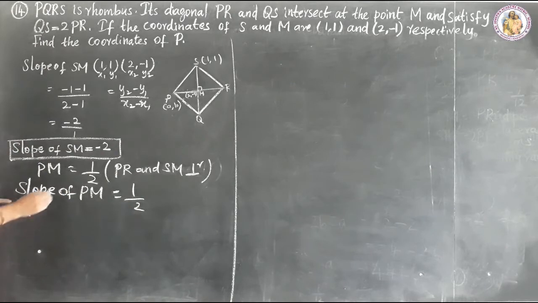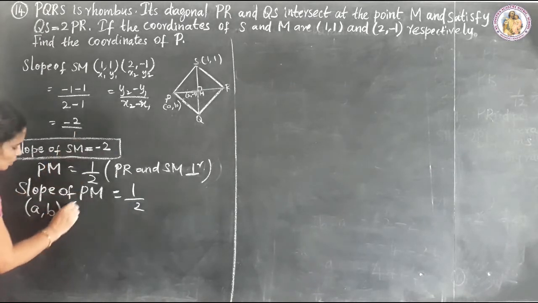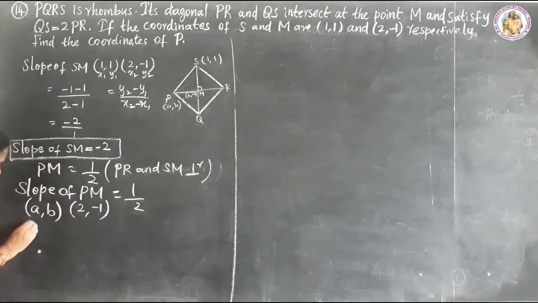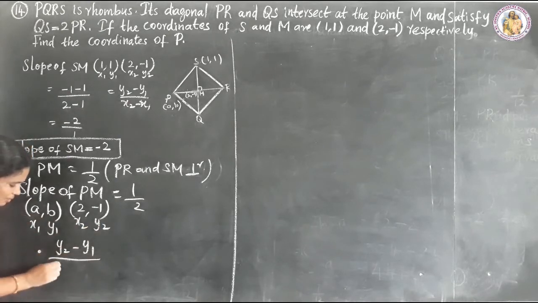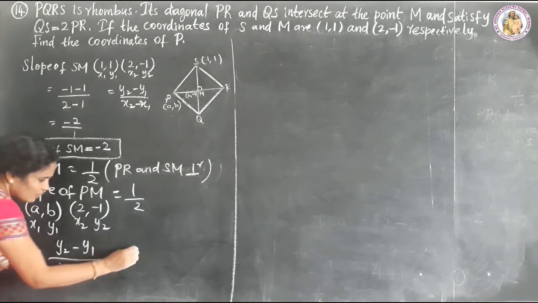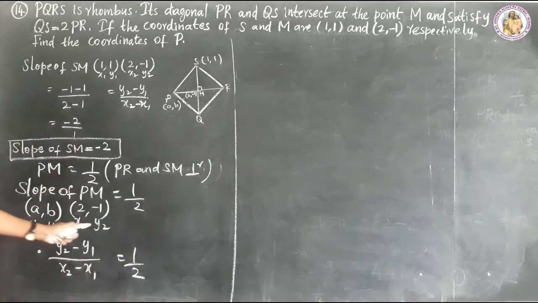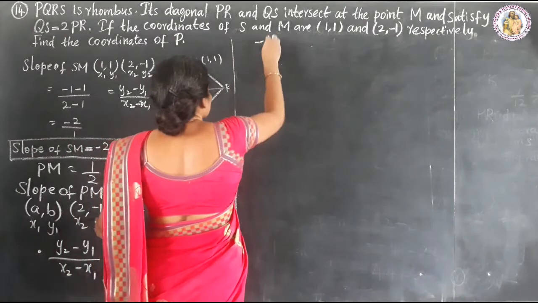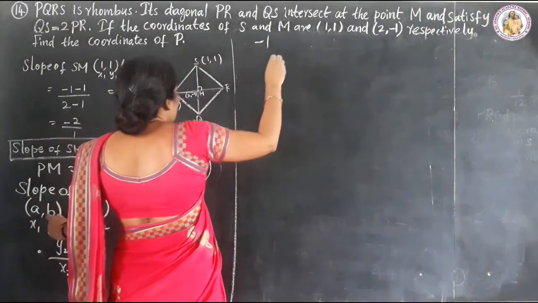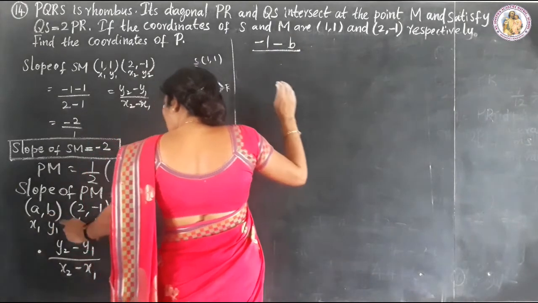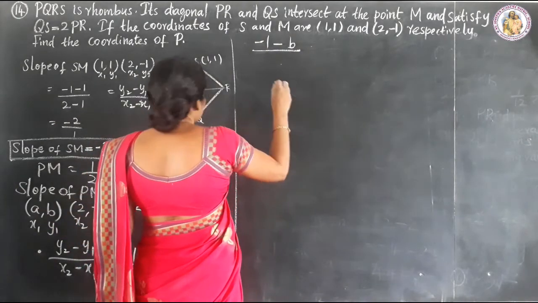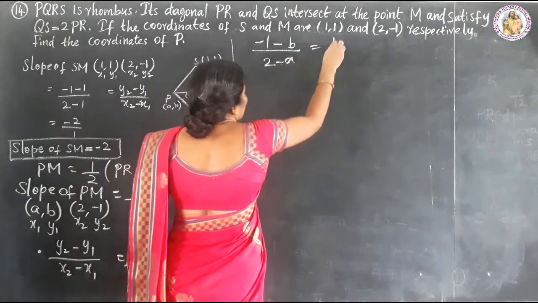From the points (a, b) and (2, -1), taking this as x1, y1, x2, y2: y2 minus y1 divided by x2 minus x1 is equal to 1 by 2. Now y2 is minus 1 and y1 is b, so minus 1 minus b divided by 2 minus a is equal to 1 by 2.